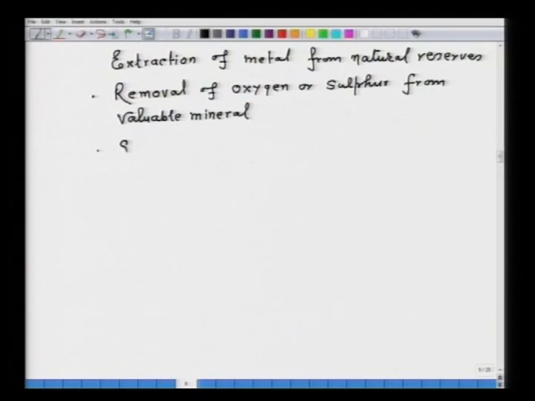The second important step is separation of the metal from the gangue minerals. Now, remember, though separation might convey to you that it is physical, it is not that physical.